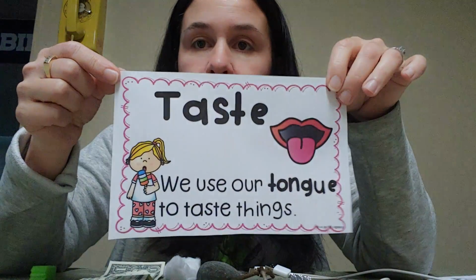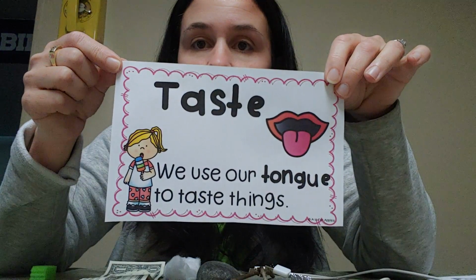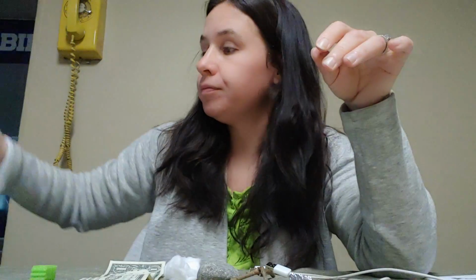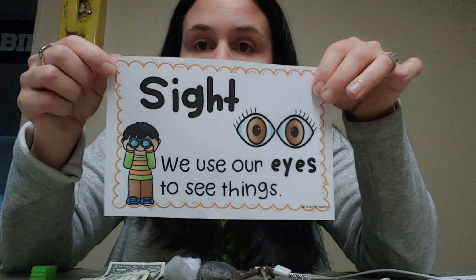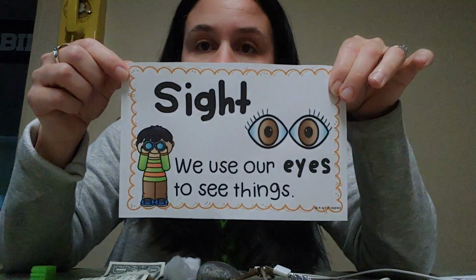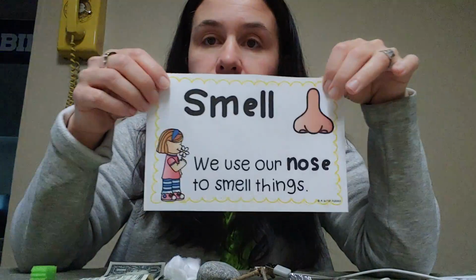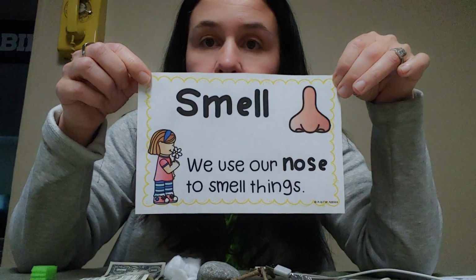We're going to taste with our tongue. We're going to use our eyes to see, our sense of sight, and our sense of smell with our nose to observe the different physical properties of my different objects that I have with me today.